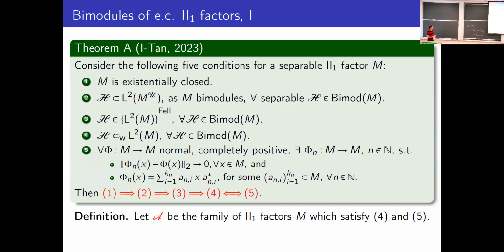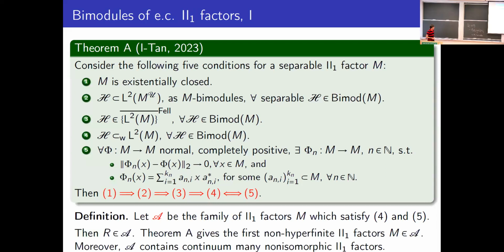Let A be the family of II_1 factors which satisfy 4 and 5, which are equivalent conditions. So it's the family of II_1 factors such that any bimodule is weakly contained in the trivial bimodule. We already saw that the hyperfinite II_1 factor is contained in A, and this result gives you the first non-hyperfinite examples of II_1 factors M which belong to A. And in fact, because we know that there are continuum many non-isomorphic existentially closed II_1 factors, there will be continuum many II_1 factors in this class A.